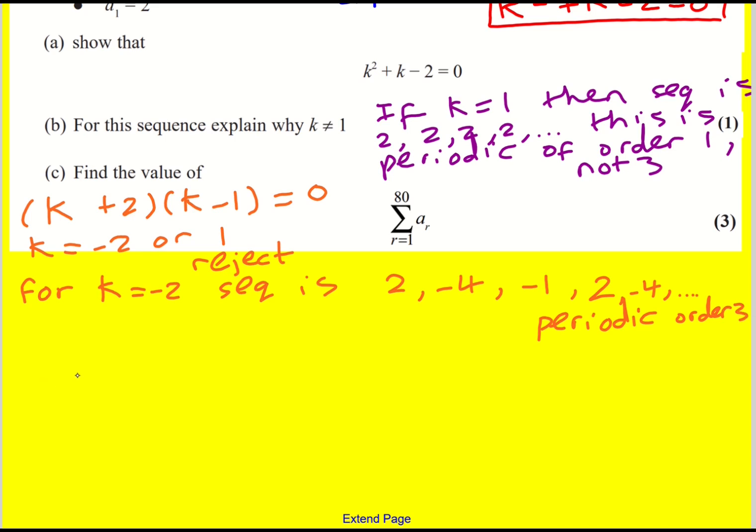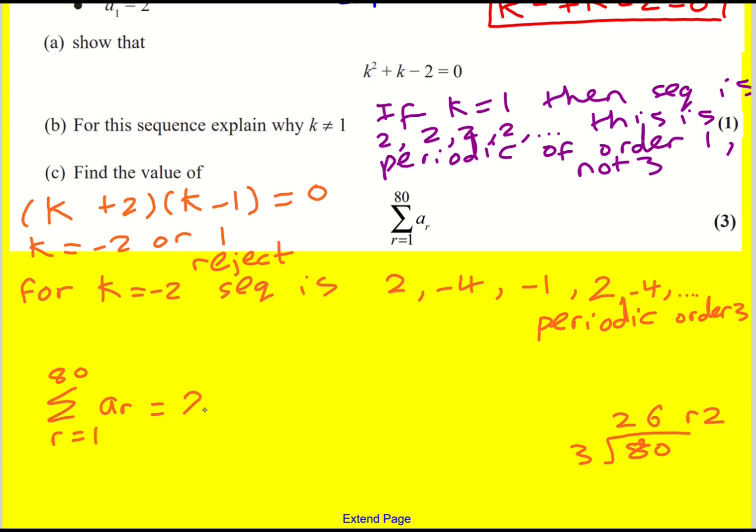Okay, so now we want to sum up the first 80 terms. Well, let's see how many 3's go into 80. You can do it on your calculator, of course, but we're going to get 26, remainder 2.